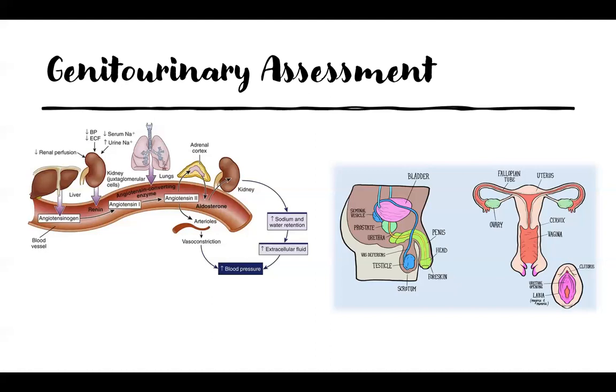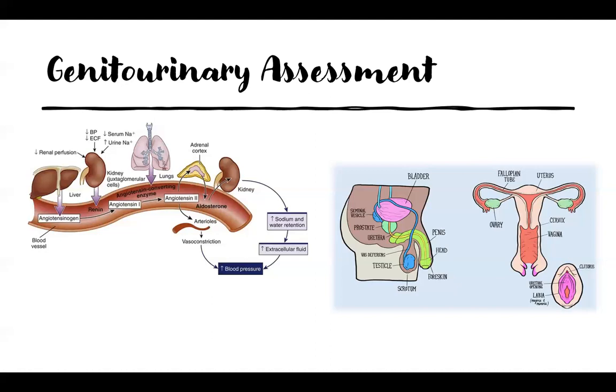The kidneys regulate blood pressure via the renin-angiotensin system. Renin is stimulated by decreased blood pressure or blood volume.